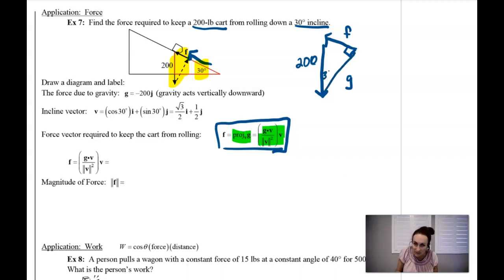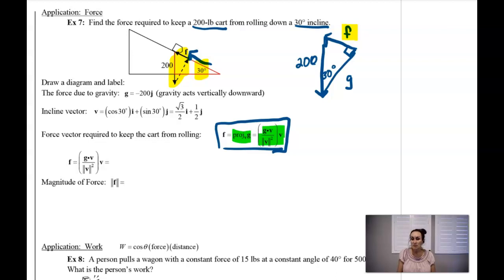So this is 30 degrees here. And then because this is a right triangle, we can use SOH CAH TOA to figure out what side F is, and that's going to be the force. So just use SOH CAH TOA. I think that's much easier than this projection formula. I wanted to introduce you to the projection formula in case you end up in a higher level math class and you see it again.